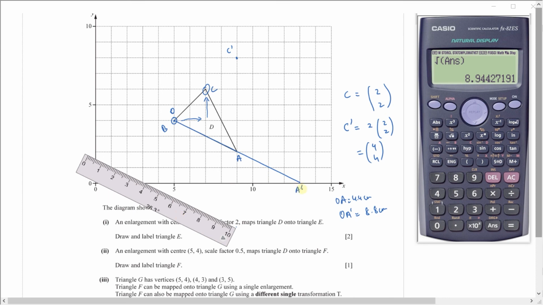So this is your C dash, this is your A dash. And B, since point B is also on the center of enlargement, B will move nowhere. So B dash will be the same as B. So now you have A dash, B dash, and C dash. You can join these to get the triangle E. Let me join them using a straight line here.